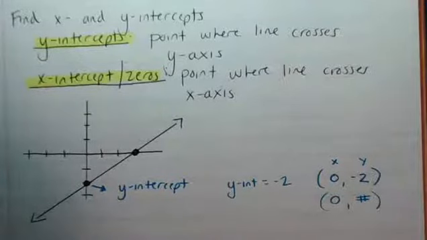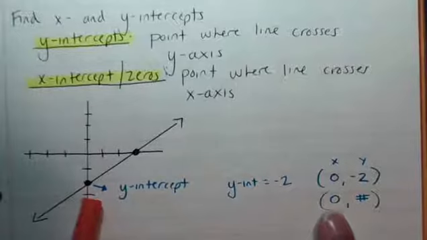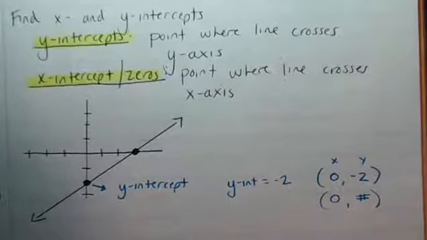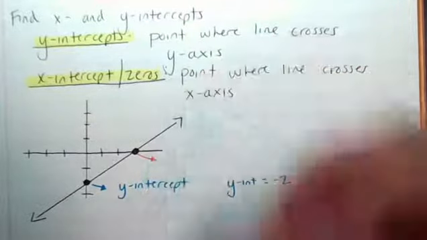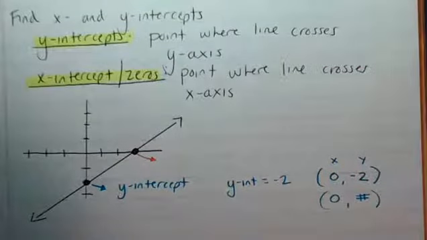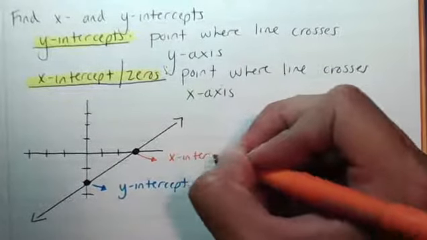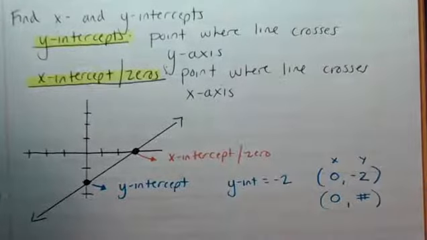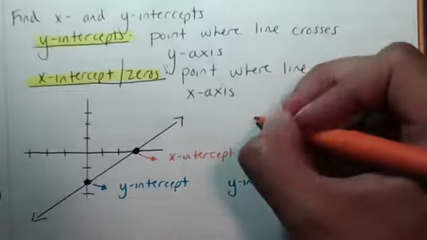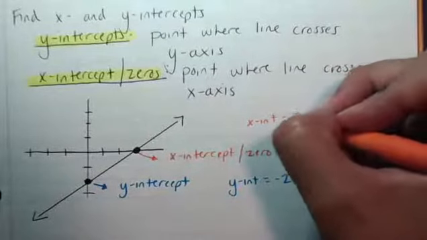So when we look at our table on our calculator, whenever we want to find the y-intercept, we look when x is 0, and what's that y value. And then this point, where the line crosses the x-axis, is called our x-intercept, or our 0. Again, we can write that as x-intercept is just a +3.